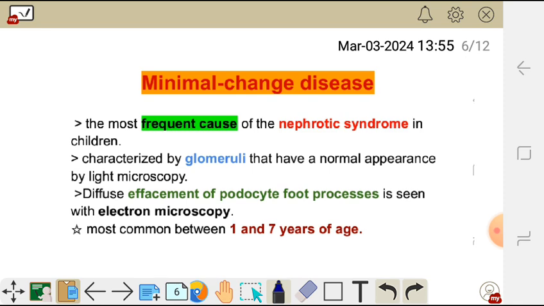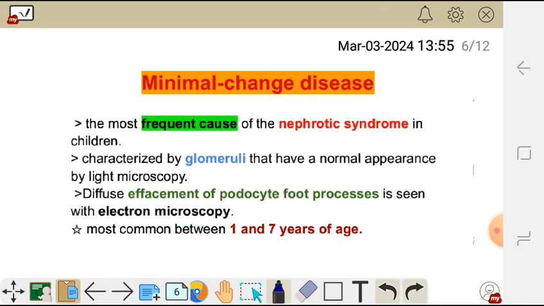But if you use an electron microscope, you're going to observe diffuse effacement of podocyte foot processes. I'm going to explain the effacement of podocyte foot processes later. For now, just know that this is observed when you use an electron microscope.